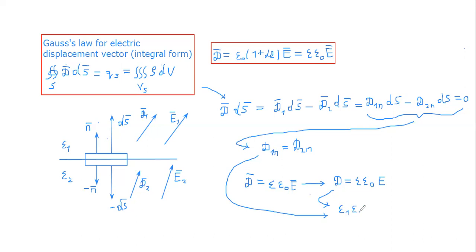Epsilon 1 epsilon 0 E1n is equal to epsilon 2 epsilon 0 E2n, and as a result we have got that epsilon 1 E1n is equal to epsilon 2 E2n.